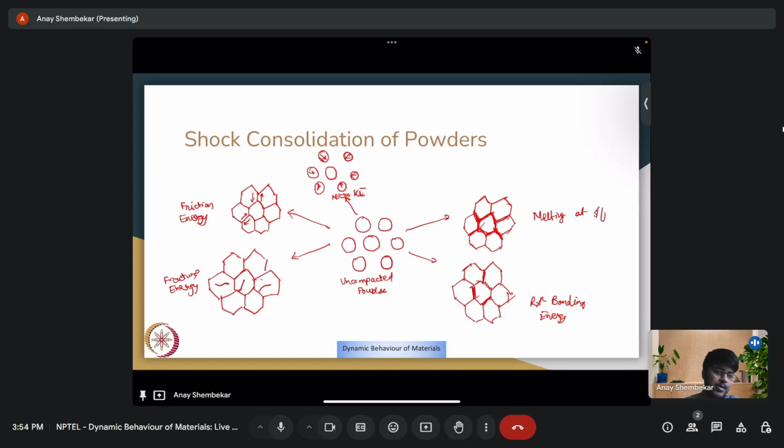You could also have defect energies, and some energy associated with collapsing of voids between the particles.